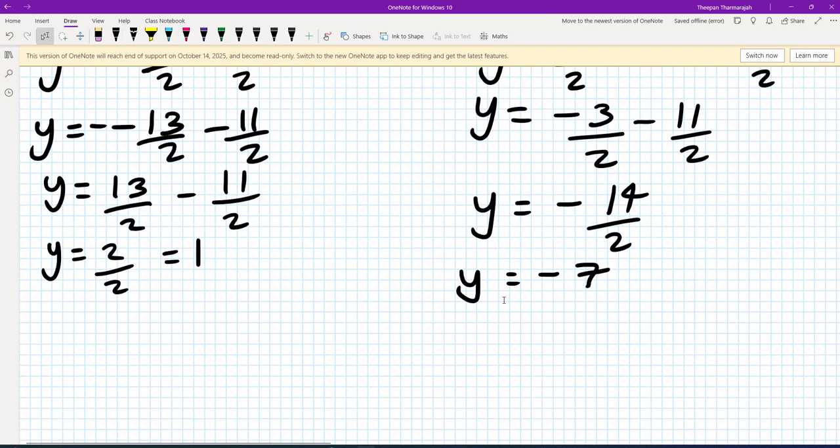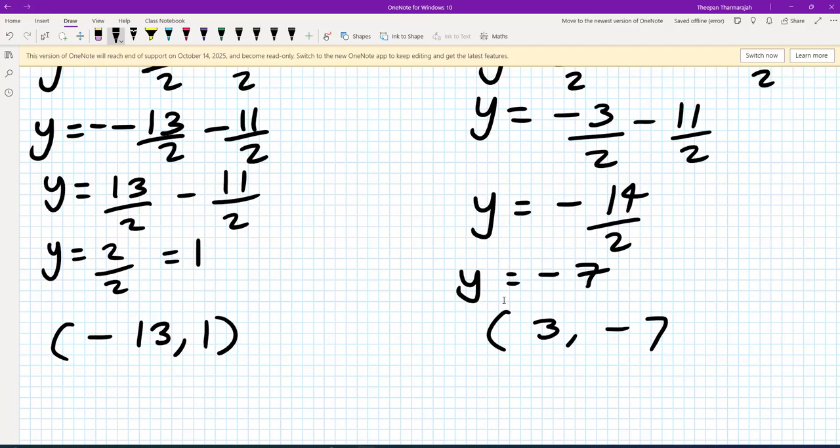So our points of intersection are as follows: minus 13 and 1, and 3 and minus 7.